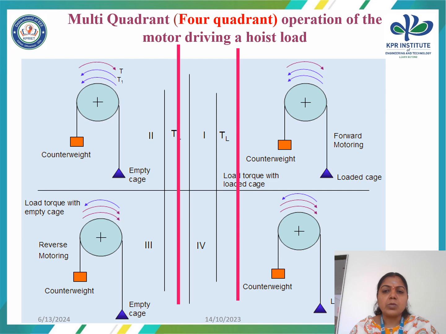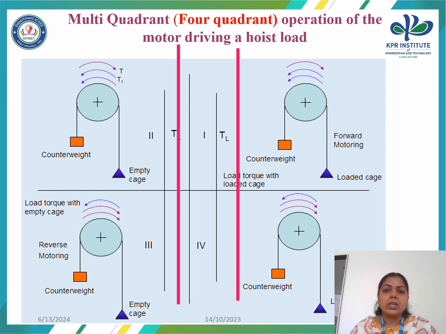So this is the first quadrant, loaded cage and counterweight. This is the empty cage, second quadrant, empty cage and counterweight. Here is an empty cage and counterweight in the third quadrant. Then loaded cage and counterweight in the fourth quadrant. So based on the load torque and the torque due to the motor, what is the response of the hoist load?